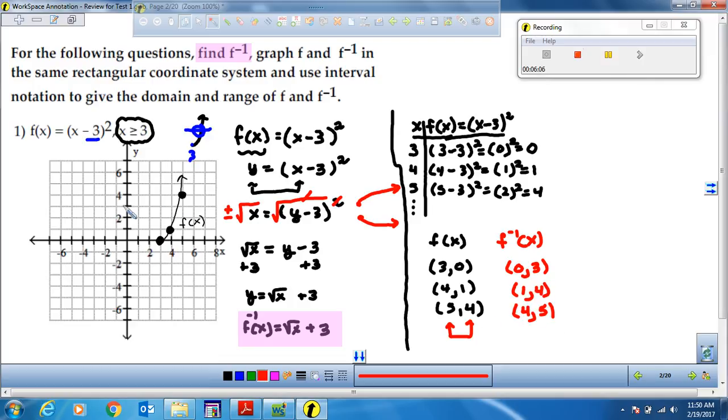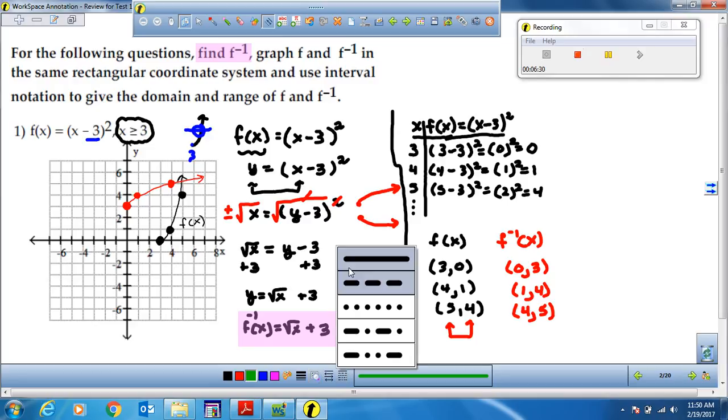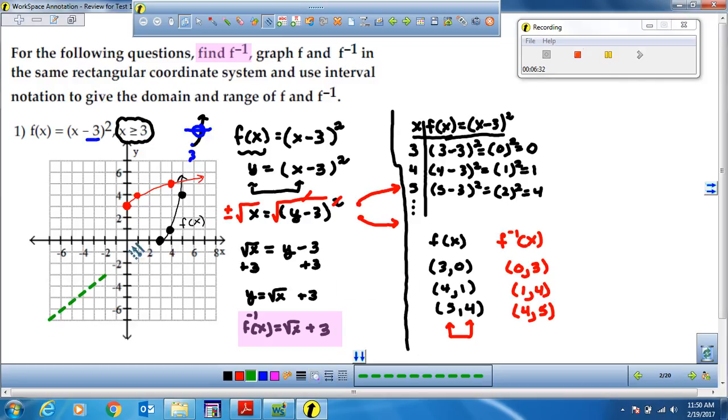So we graph that. (0, 3) is going to be located here, (1, 4) is here, and (4, 5) is right here. And that creates its inverse. Remember that a function and its inverse must be a reflection of each other over the line y equals x.